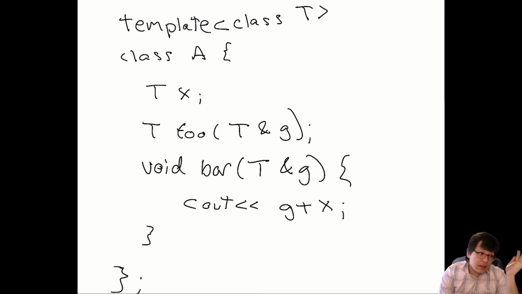Now, of course, for this to work, X has to be some built-in data type. Otherwise, you'd have to overload X itself, okay? But that's where templates start getting nasty.